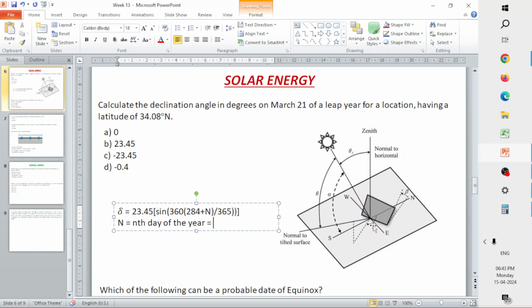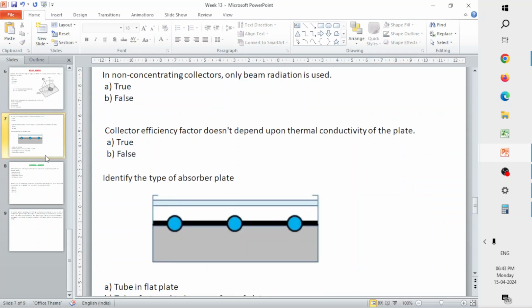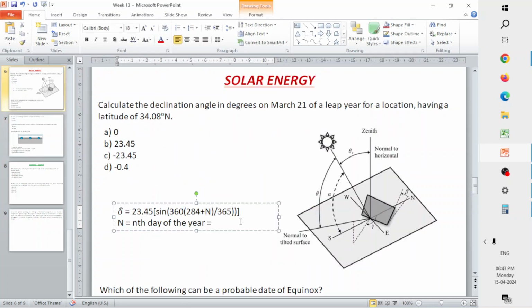So the value of n for March 21st will be: January has 31, February, since they have told us it's a leap year, has 29, plus March 21st, so you have to include that date also, which is 21. So 31 plus 29 makes 60, 60 plus 21 is 81. The value of n is 81.